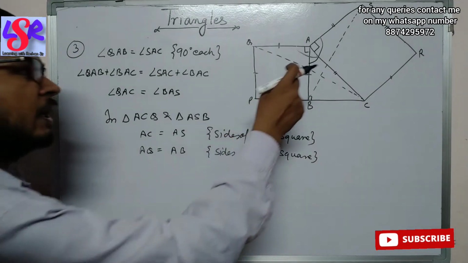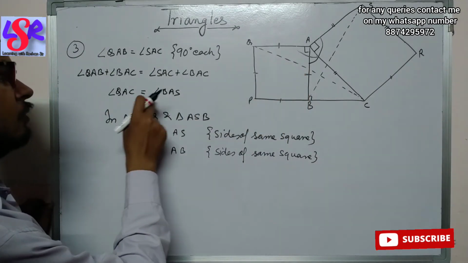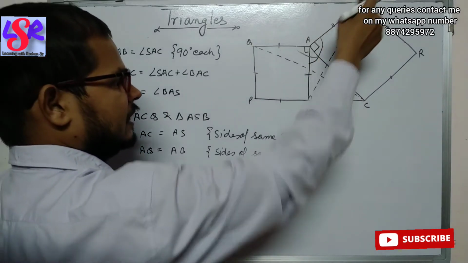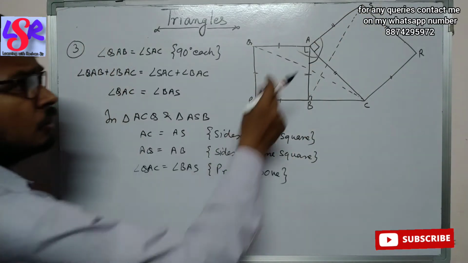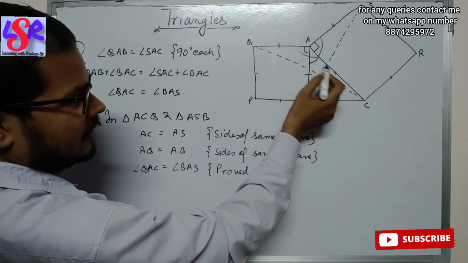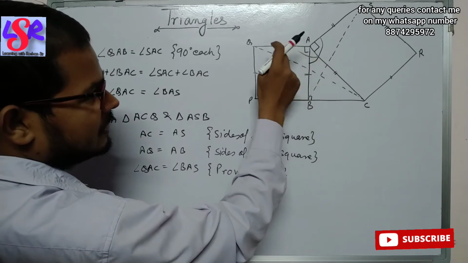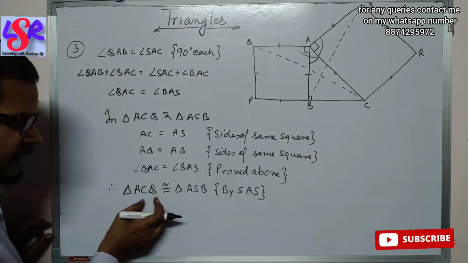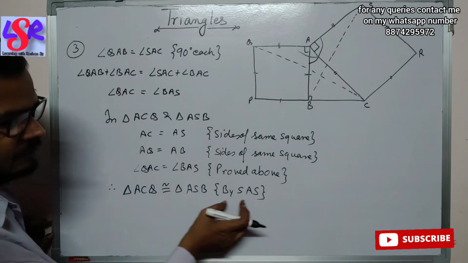Then we have proved angle QAC equals angle BAS, proved above. Now to prove these two triangles congruent, we have used this side, this side and this angle. So it is SAS. Therefore, triangle ACQ is congruent to triangle ASB by SAS.